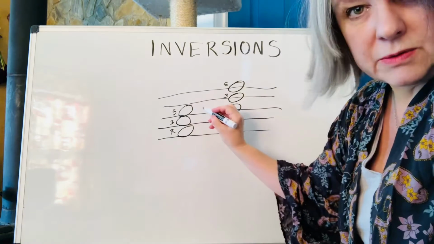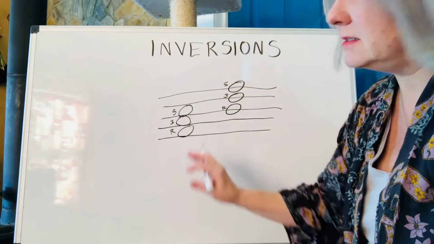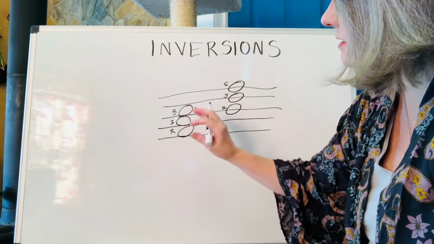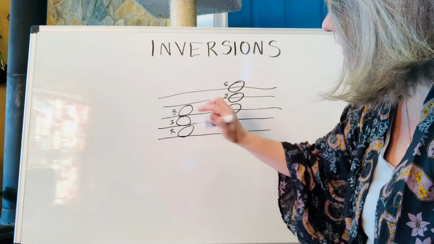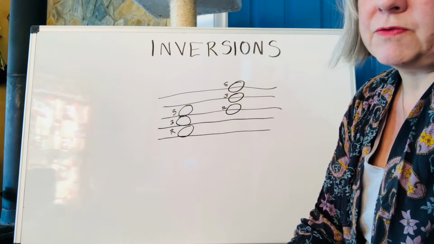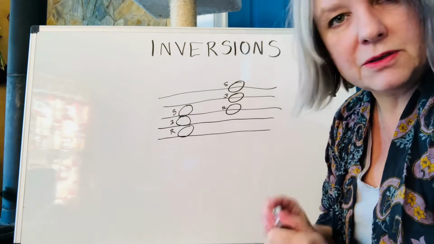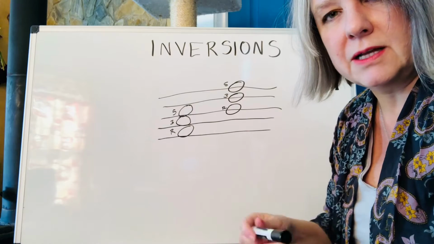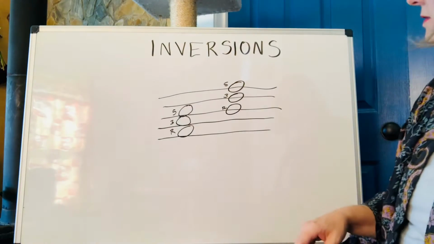The fifth is usually perfect, unless otherwise noted. For the third, the first thing you'll look for is whether it's major or minor. The third determines the quality of the triad, whether it's major or minor.